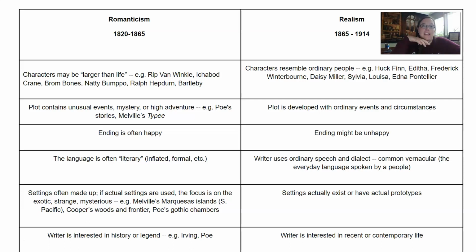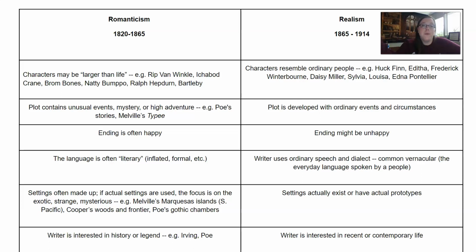Before, we might have had some characters who could do a lot of things. Maybe they were mystical or heroes or fantasy. If you took 231 with me, then you read Rip Van Winkle, or you read, why can't I think of the title, oh well, such is life, The Legend of Sleepy Hollow with Ichabod Crane.